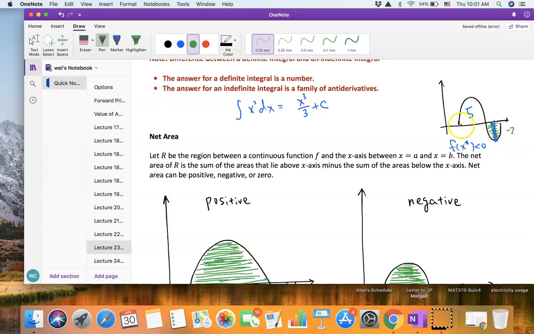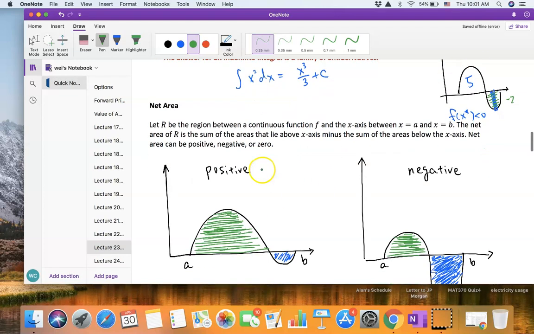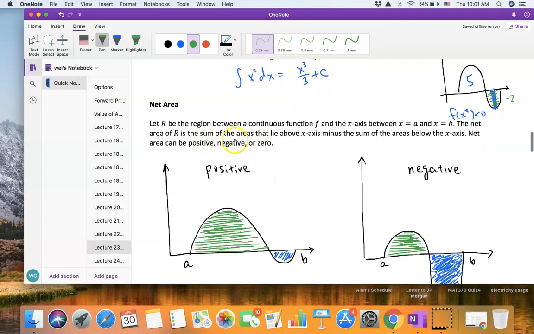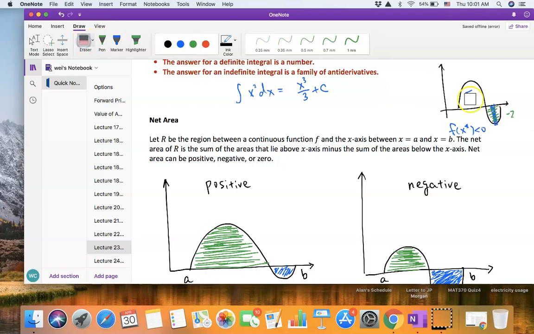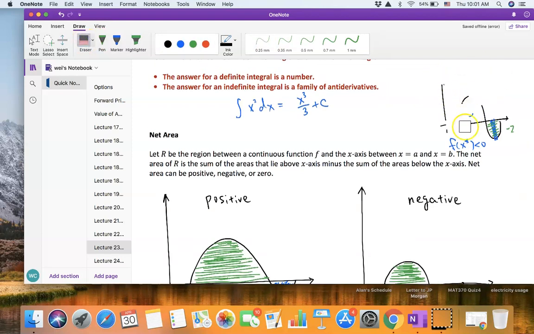So the total area is going to be 5 minus 2. That's why in the definition, it's the sum of areas that lie above the x-axis minus the sum of areas below the x-axis. That gives us the net area.